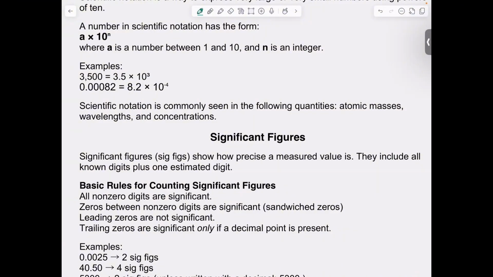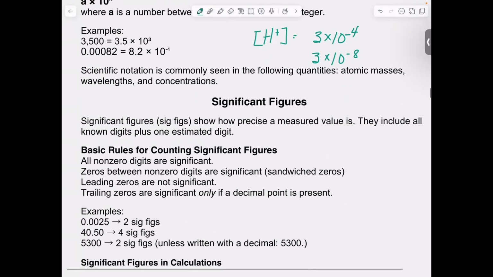So like an acid could have an H plus concentration of, say, right, it's very, very small. Or even like 3 times 10 to the -8. These are just random examples here. And it's simply easier to just put that in scientific notation versus writing out all those zeros. Okay, so it is largely to save our hands.